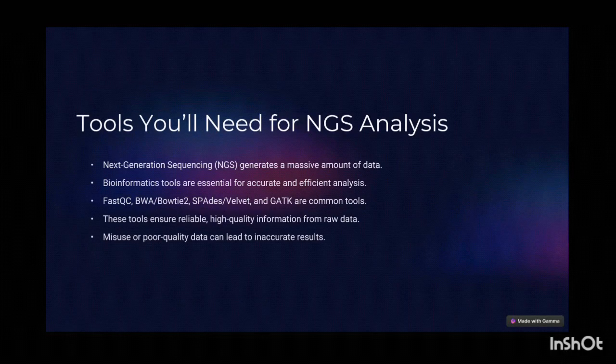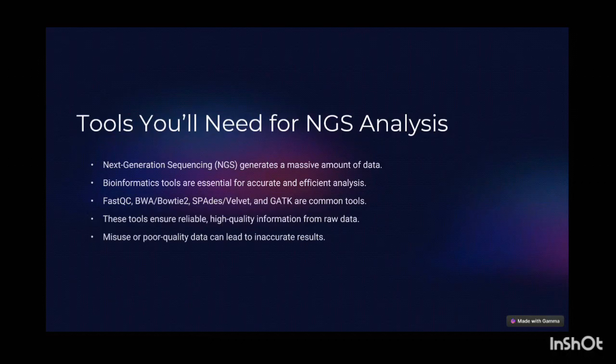Next generation sequencing generates an immense volume of data, which can be overwhelming to analyze without the right tools. The bioinformatics tools we use serve a specific purpose to ensure accuracy, efficiency, and meaningful results for the sequencing process. Let's dive into some of the most important tools that you will encounter. The first is FastQC.